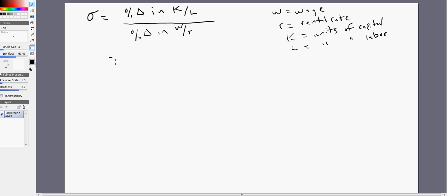Let's simplify this a little bit. The numerator here, the percentage change in the capital labor ratio, simplifies down to this expression: change in the capital labor ratio divided by the capital labor ratio. And we can also express the percentage change in the wage to rental rate ratio as follows. That looks like a little bit of a mess here.